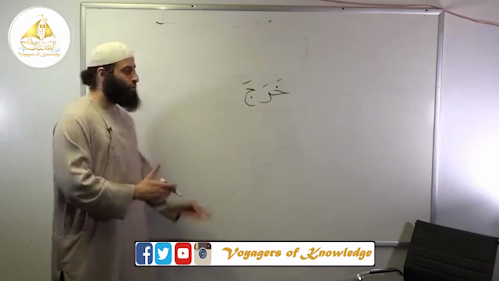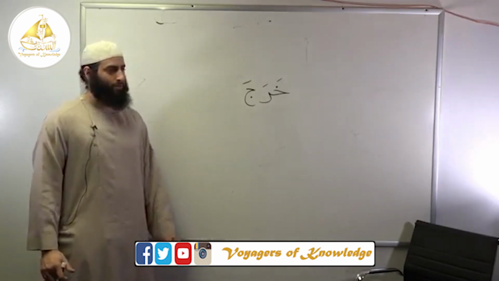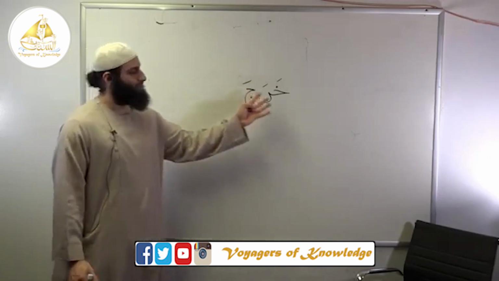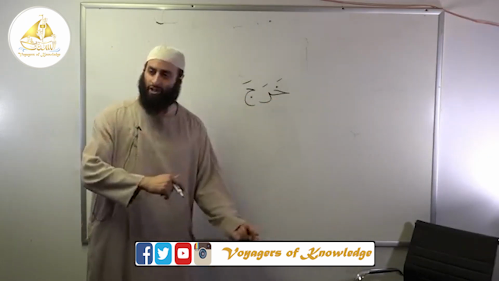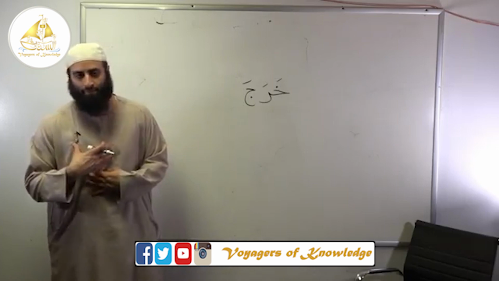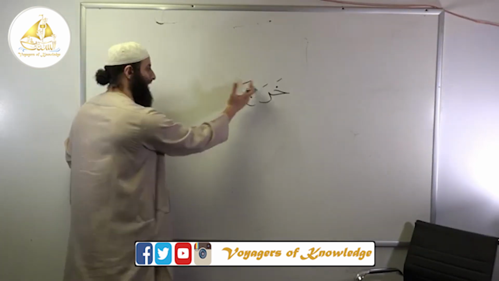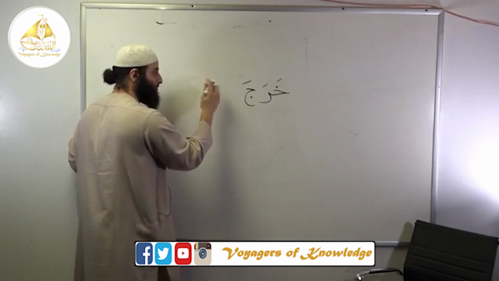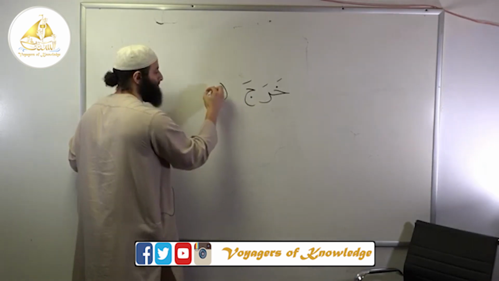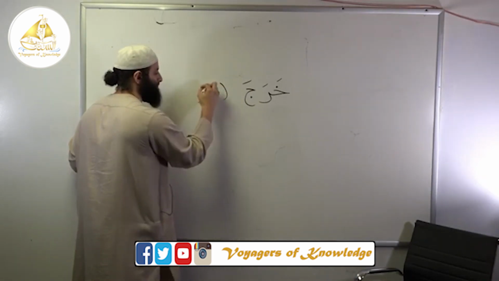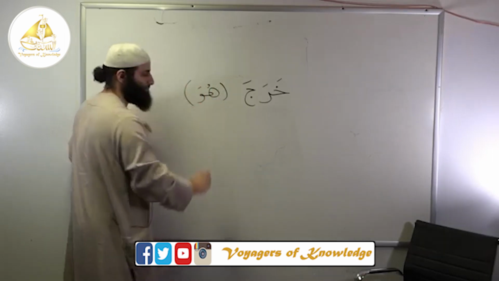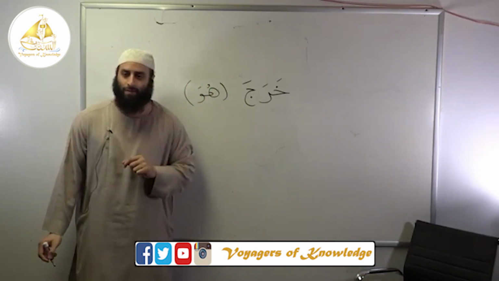Who is the one doing that action? We don't see anything attached that says he or she or I. Whenever it comes like this, it's always implied after. You don't have to write it, it's already known. Huwa.